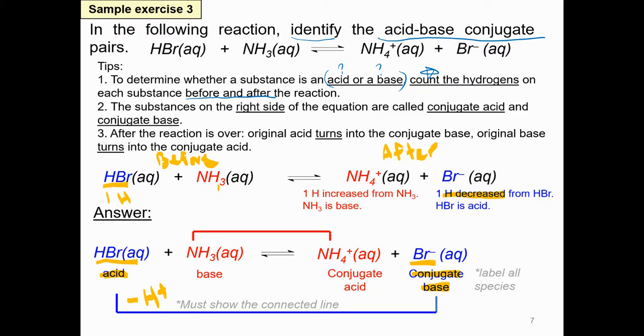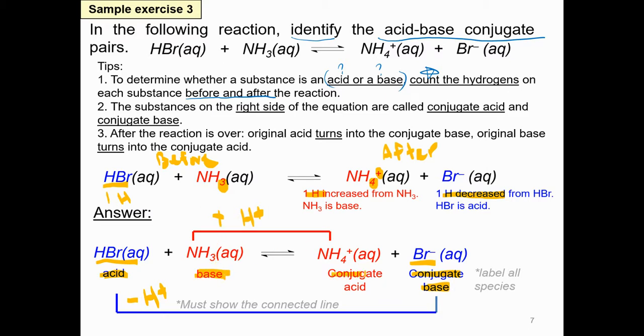Now let's look at ammonia. Ammonia before has 3 hydrogen, then after reaction it has 4 hydrogen. It gains 1 proton. If a species gains a proton, it is base.